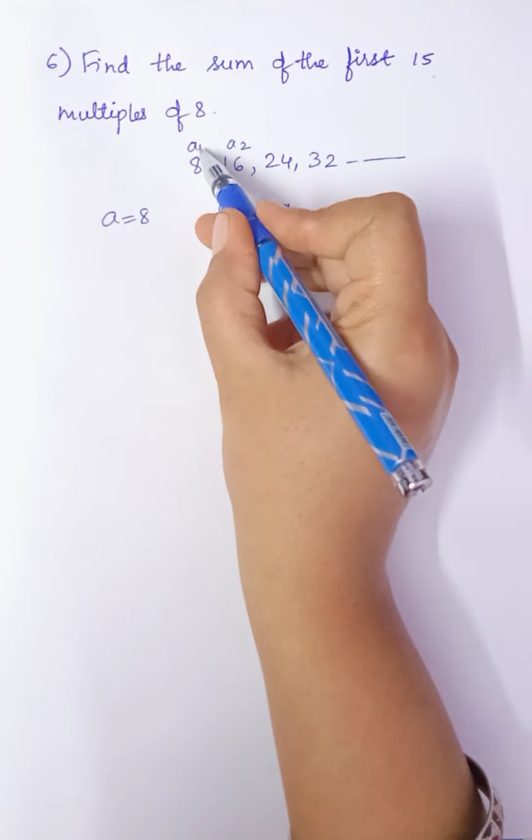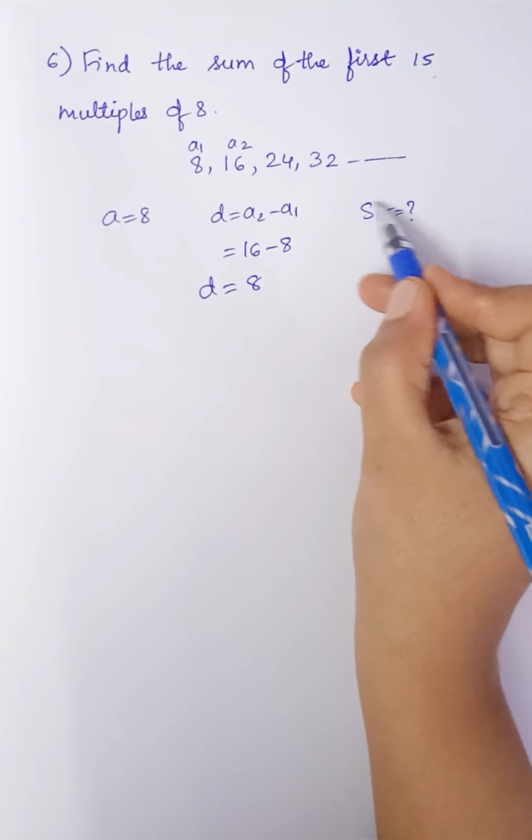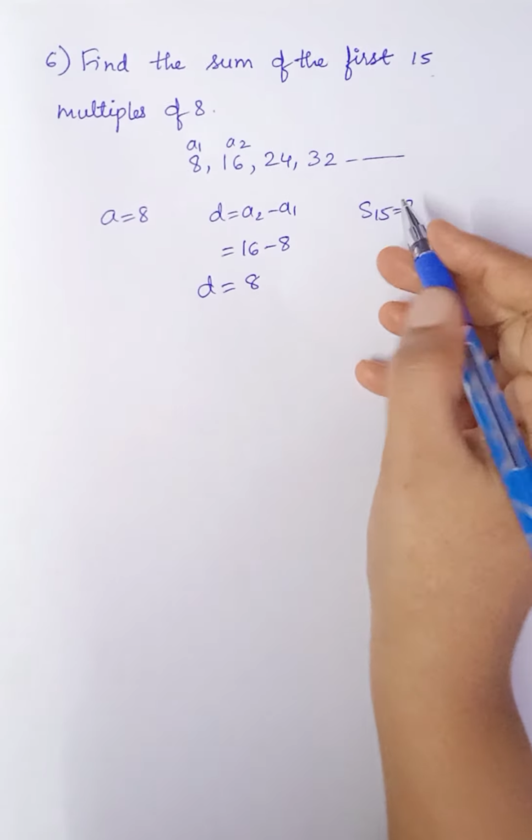So d is equal to 16 minus 8, which is 8. Next, what is given? Sum of first 15. That means they have told the number of terms is 15. So in place of n, I am going to write 15. Now we need to find S15. So n is how much? It is 15.